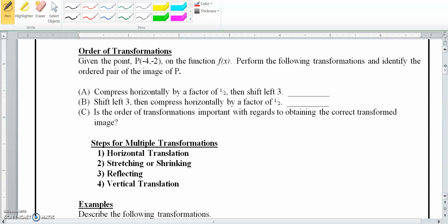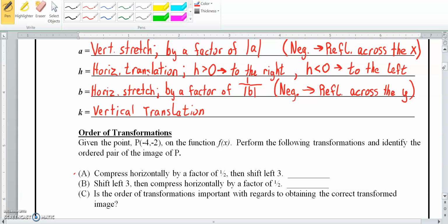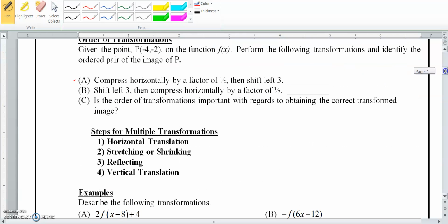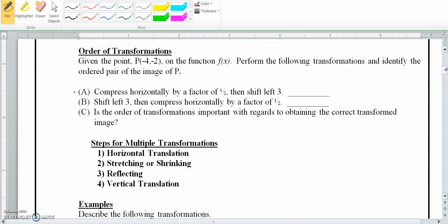So step 1, part A: if we compress it horizontally by a factor of 1/2, that means that instead of going from 0 to -4, we're actually compressing that in half. So rather than going all the way to -4, we just go to -2. Now that compression does not affect our y value, so we just leave that.